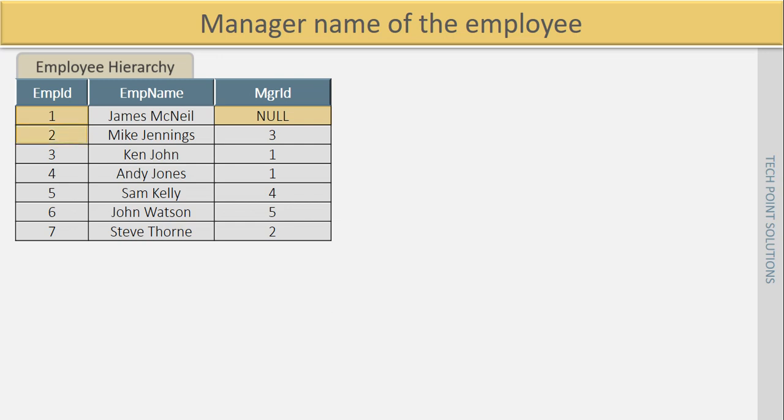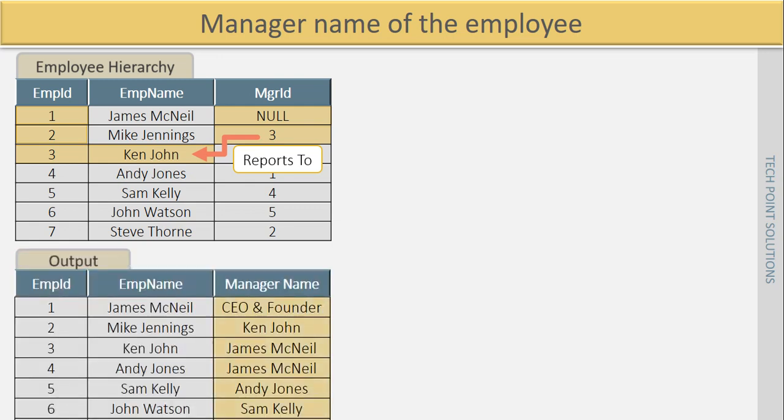Similarly, employee ID 2, his manager ID is 3, and that means employee ID 2 reports to employee ID 3, that is Ken John. And likewise, all other records show the same relationship, and we have to write a query to generate output in this format: employee ID, employee name and manager name.